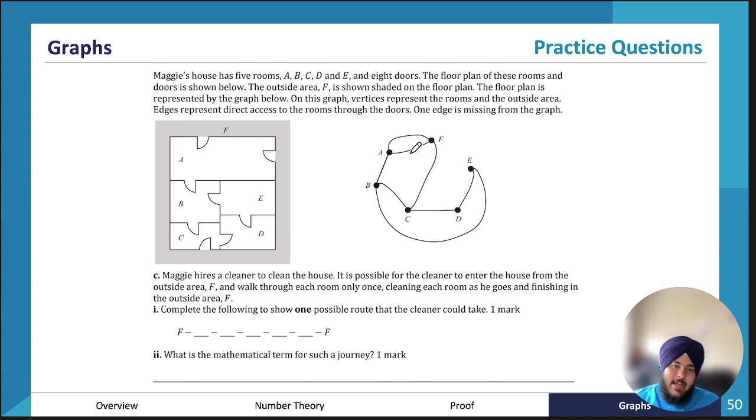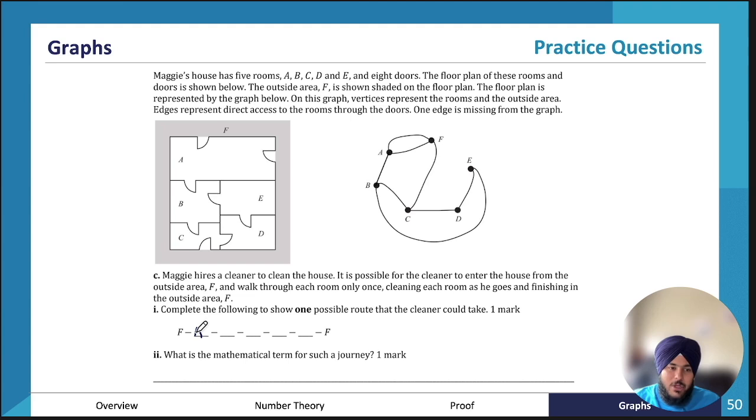So using this network over here, what's the route that he could take? And what we are trying to actually find in this case is a Hamiltonian cycle. Starting off at F, we can go A, B, E, D, C, and F. So that's a possible route. There's possibly other ones as well, but this is the one that I can immediately think of.